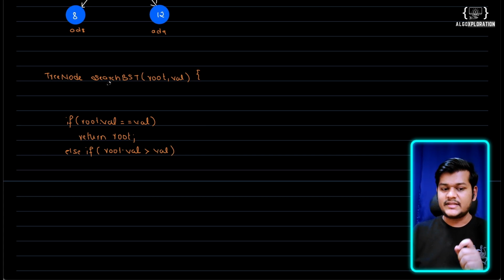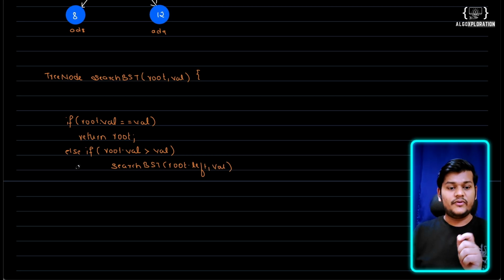So I will be calling the same function, but we will be passing the left child, so root dot left and the value to compare. And don't forget to have a return statement over here, since whatever this function gets, that address we need to return. That's the reason I have written it over here.